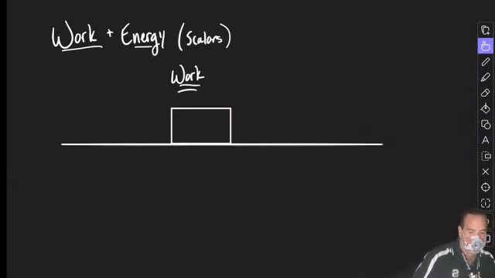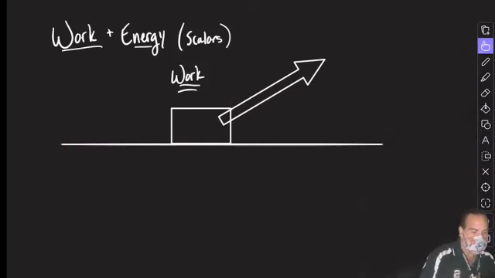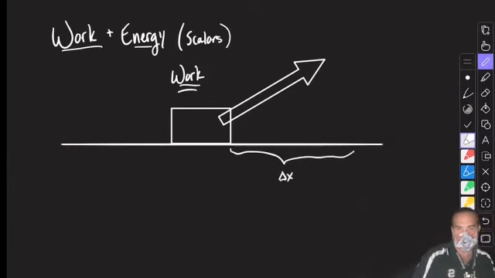In order to change something's energy, you have to apply a force to it. And because of that force, the object has to change position. A force has to be applied to an object, and that object has to change position. That's how you do work.